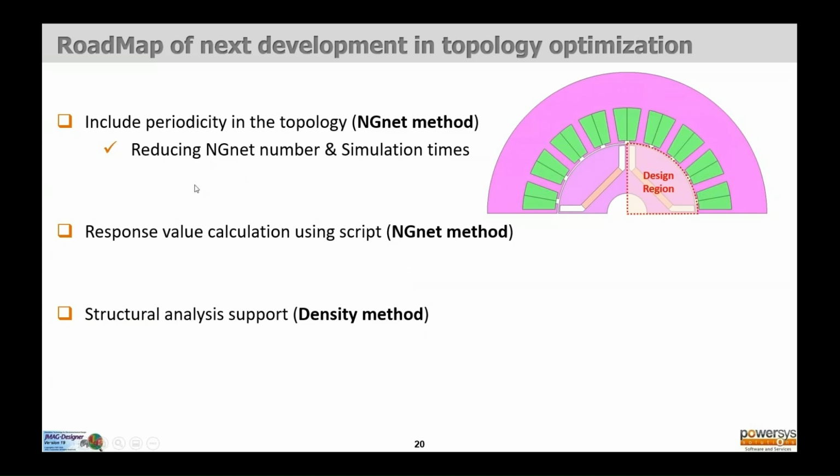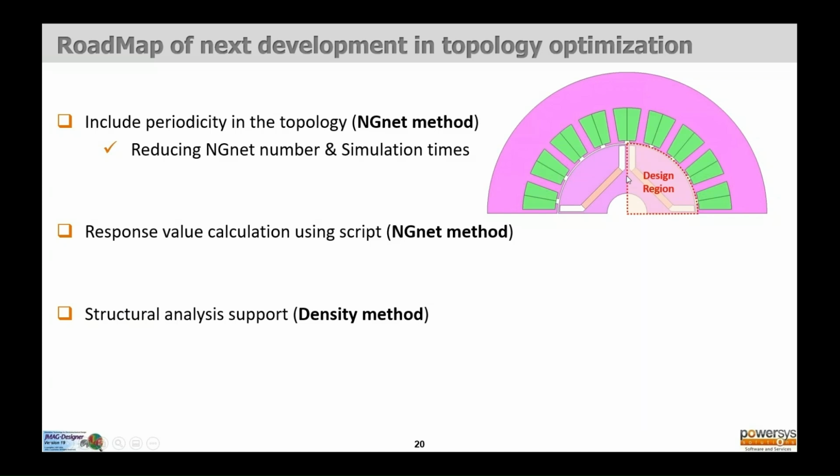The first feature is that they will try to include some periodicity in the topology. If you look at this half model, we have 2 poles and 9 slots. With the actual method, you need to use the whole shape of the rotor, and you cannot take into account the periodicity.